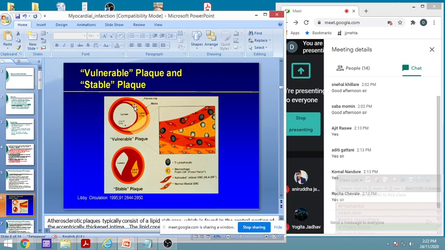Here the thickness of the intima layer of the artery is less, and the maximum is the lipid core, which can generate pressure and cause bursting. The second one is a stable plaque, where the lipid core is smaller and there is growth; although it has reduced the lumen too much, it has lesser chances of rupture.